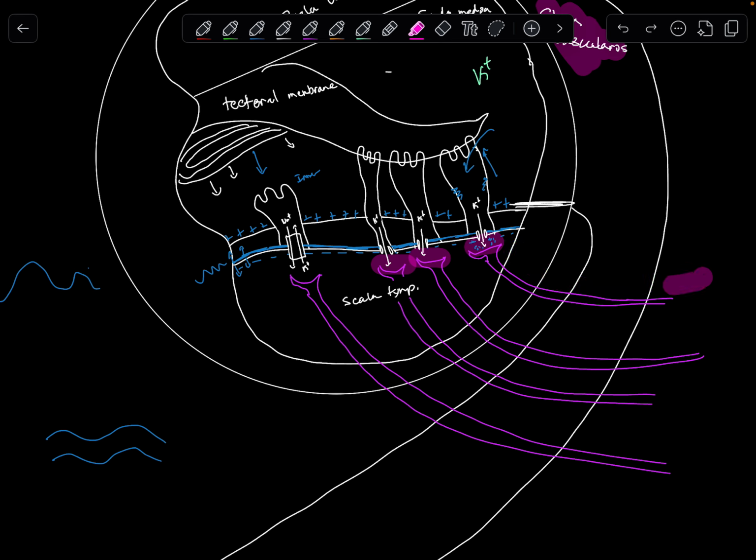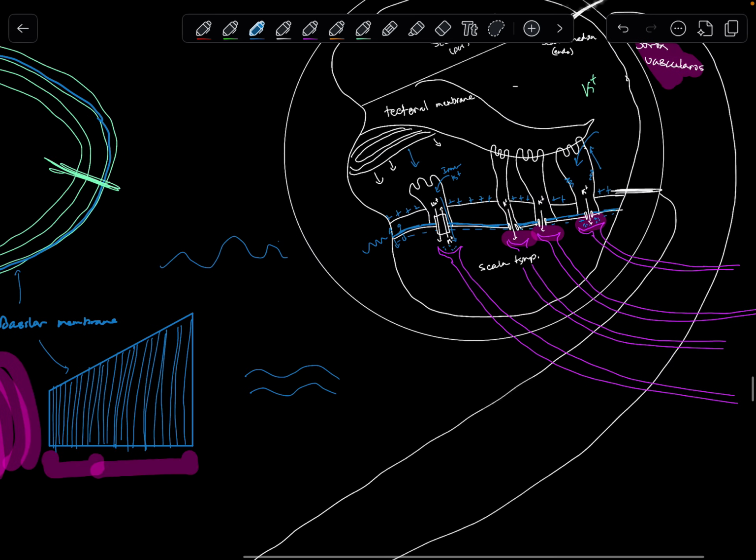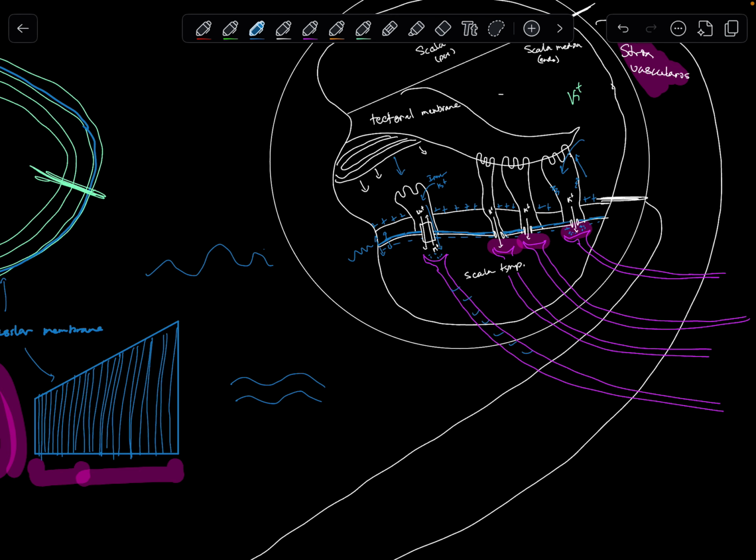Okay, we're just moving that basilar membrane and tectoral membrane enough so that we can hit this inner hair cell. Once the inner hair cell is hit, potassium will rush in, and the same thing will happen. We'll have an action potential. Then this will actually release neurotransmitters that will go to the brain, right? To the brain, telling us what we're hearing.